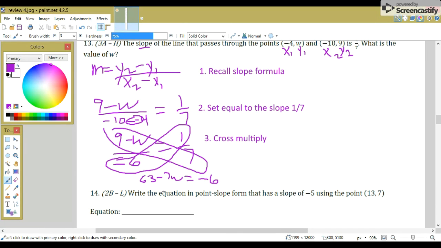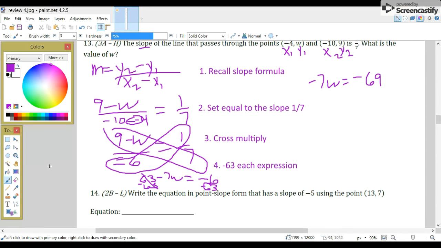We want to get w by itself, so let's subtract 63 from each expression. 63 minus 63 is 0. Negative 6 minus 63 is negative 69.